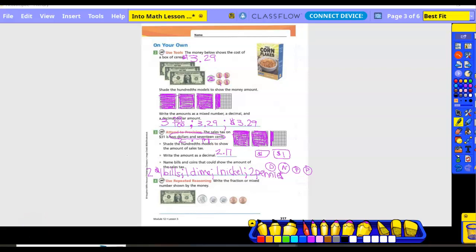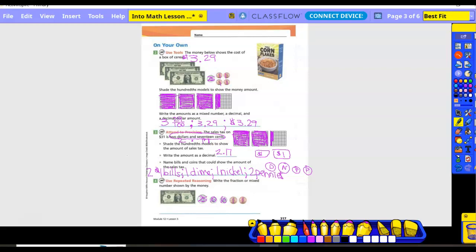Write the fraction or mixed number shown by the money. So let's go ahead and write out what we have here, guys. How much is a quarter? 25. A dime is 10. A penny is 1.